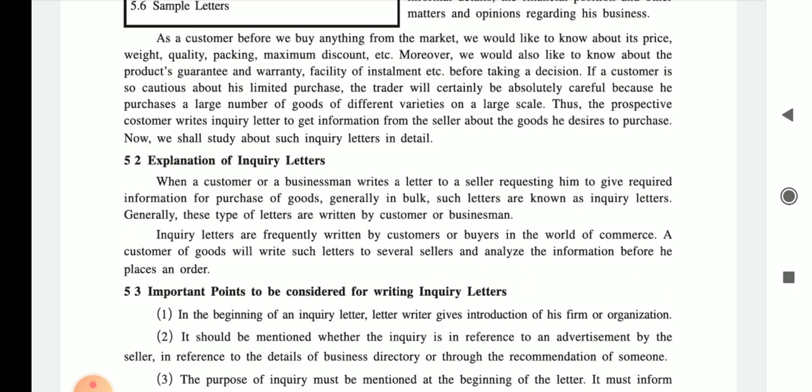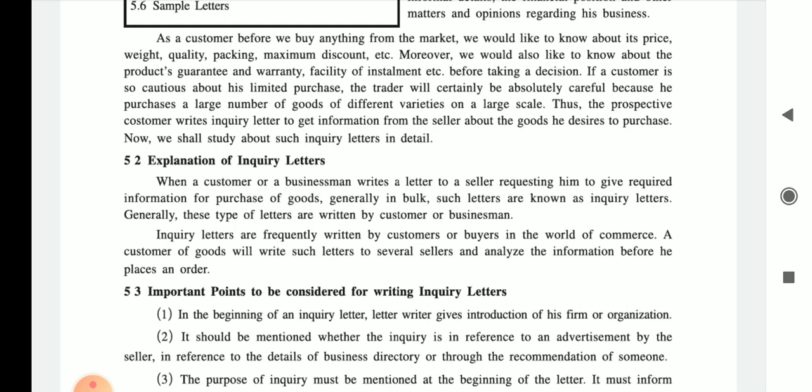So as far as business is concerned, if you want to run a business very carefully, we have to get so much information for your development. Moreover, we would also like to know about the product's guarantee and warranty, facility of installment, etc., before taking a decision.